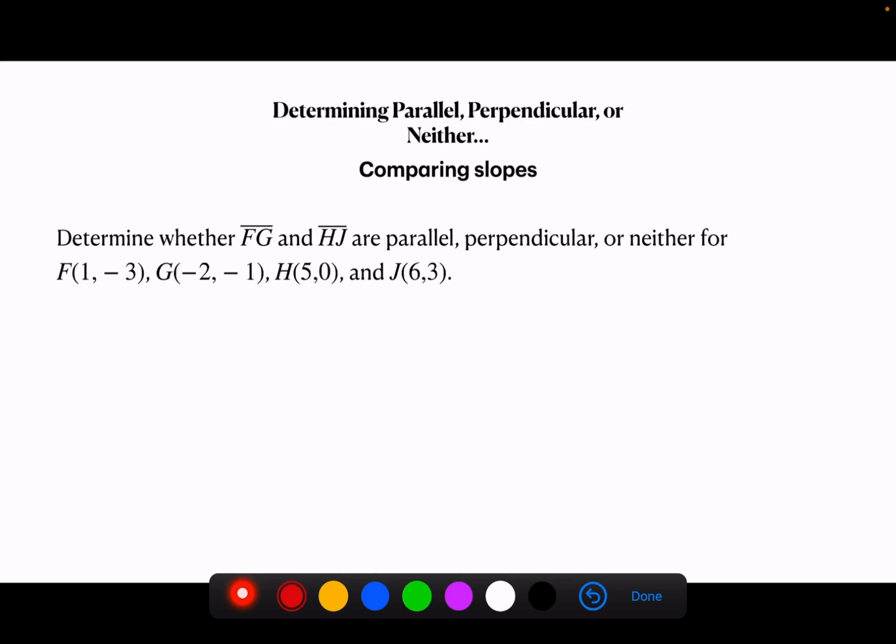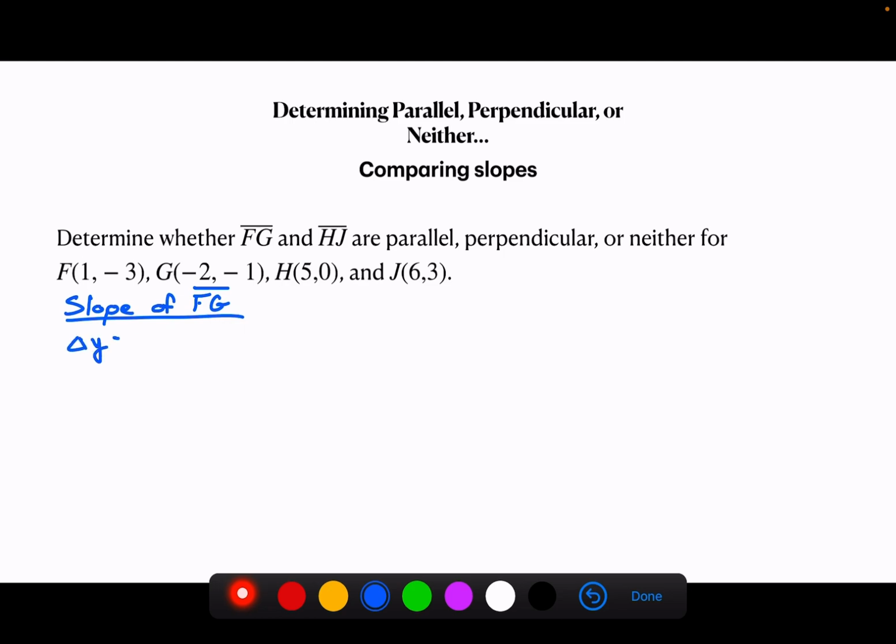Let's try this one. Let's see if FG and HJ are perpendicular. I'm going to color code these now. So we're going to find the slope of FG.